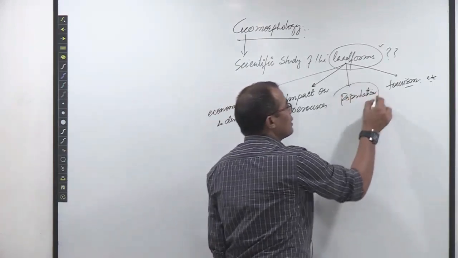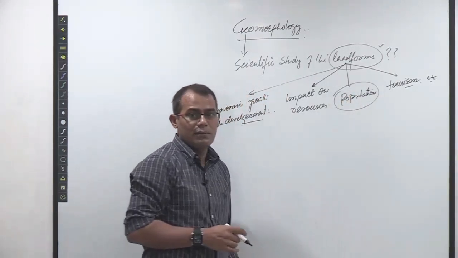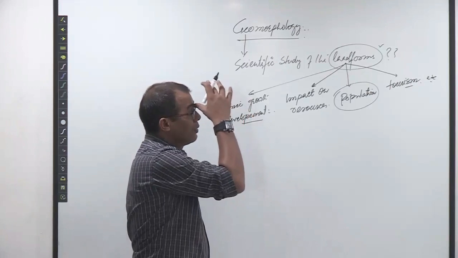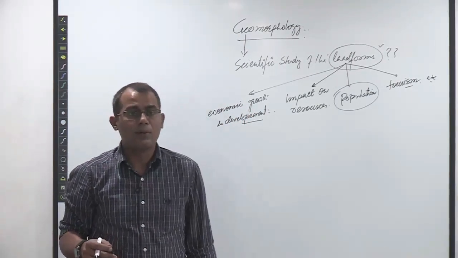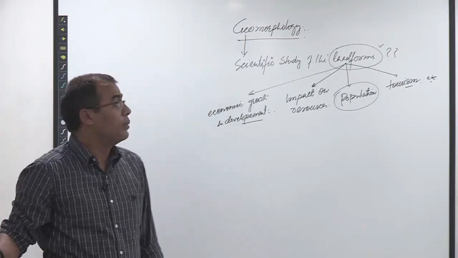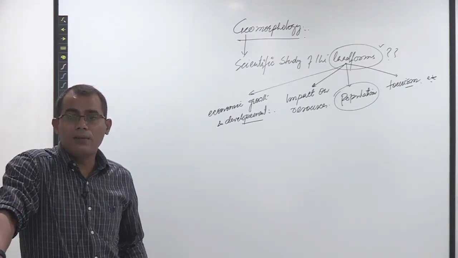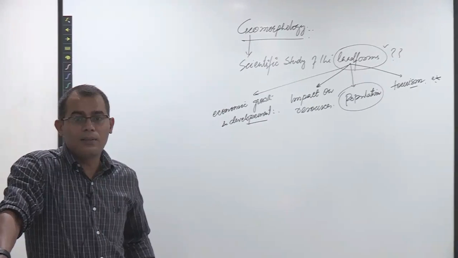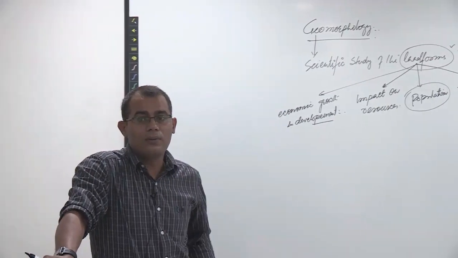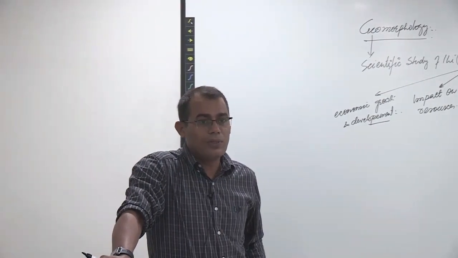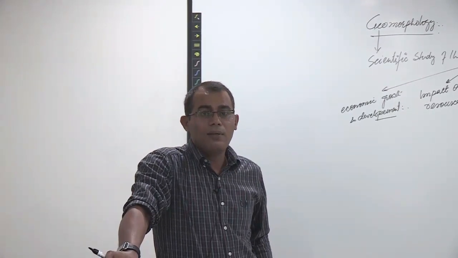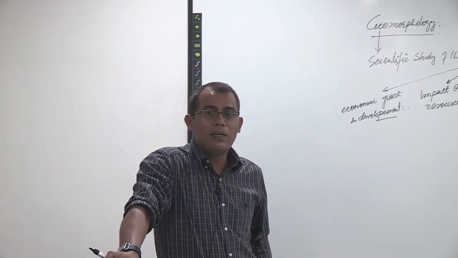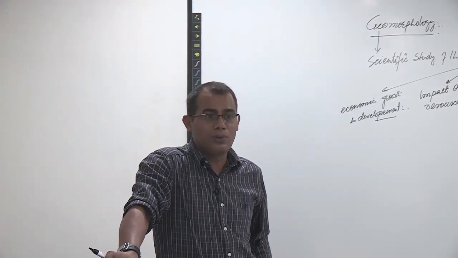Population, obviously the density of population, the infrastructural setups and all, even the population growth rate. You might not be aware of the fact that birth rate is also influenced by landform. Do you have any idea about it? How? Like the mountainous region, the birth rate is generally lower when you compare with the people of plain area or plateau area of similar social status.